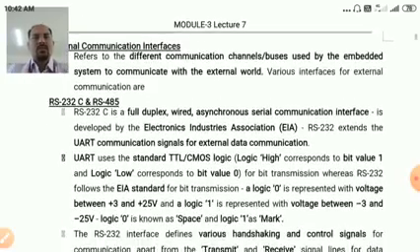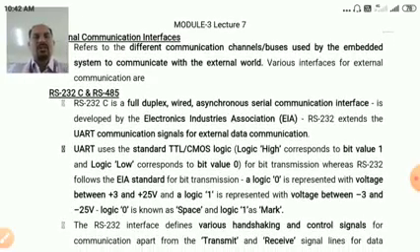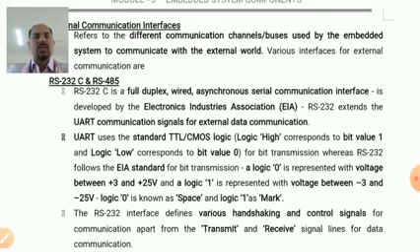The first one is RS-232 and RS-485. What is RS-232? It is full duplex, in the sense two transmissions take place at a time. Data goes from the transmitter to the receiver, and on the other side data comes from the transmitter to this side's receiver. Data going and data coming can both take place at a time, that is called full duplex, and it is a wired communication.